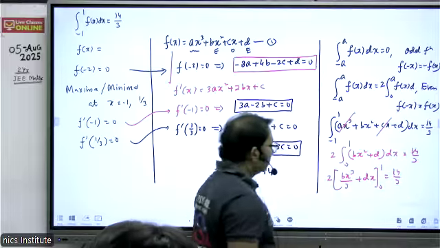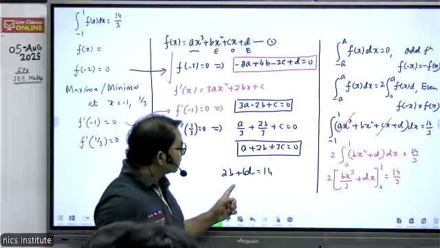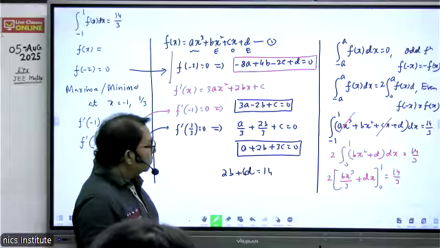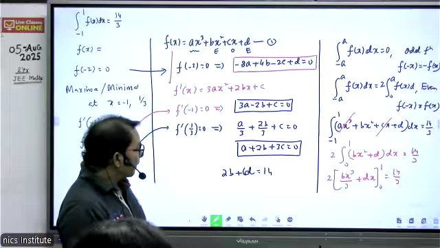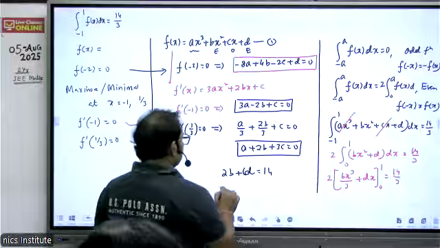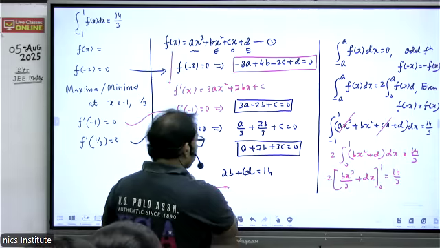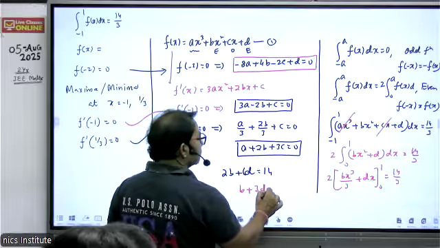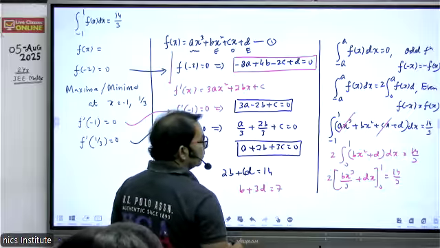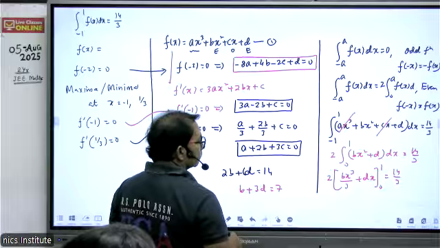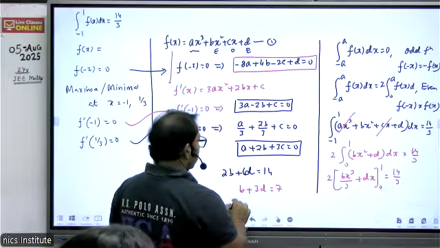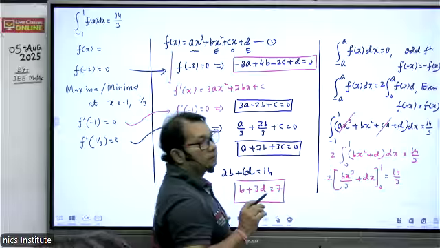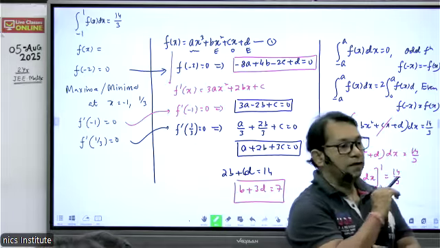Put the limit, I think you'll get 2b plus 6d is equal to 14, or you can divide by 2 also. b plus 3d is equal to 7. Right? So 4 equations, 4 unknowns. Solve them for a, b, c, d.